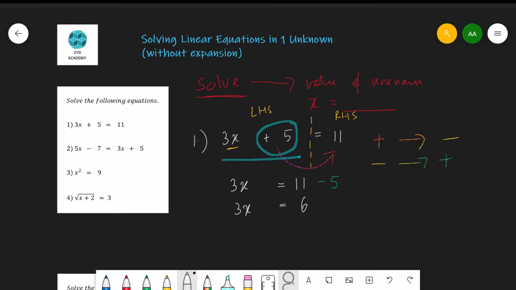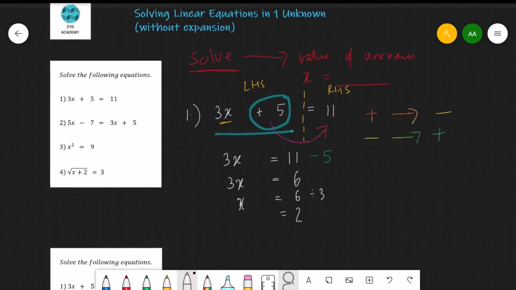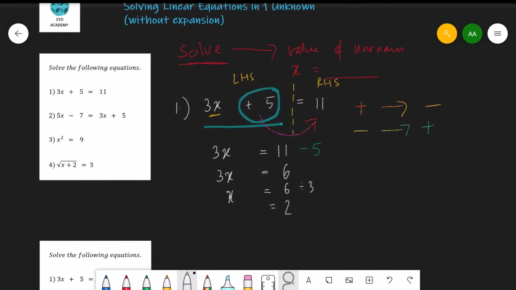So how do we get the value of x now? x is equal to 6 divided by 3 equals 2. Let me bring your attention to this portion. It is very similar to what we have learned in primary school.